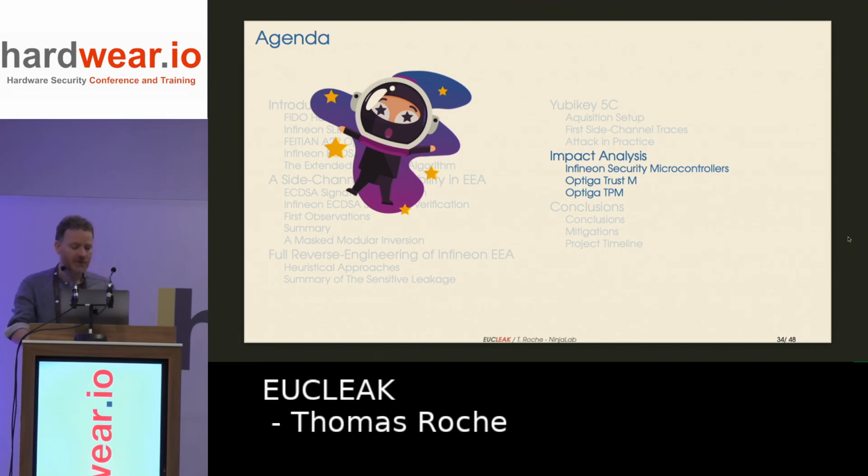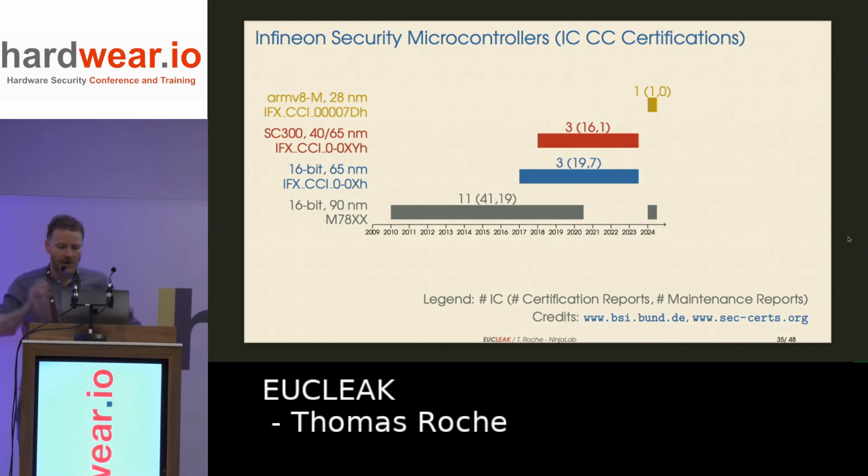So now let's move to the impact analysis. When we were able to attack the YubiKey, we were pretty happy, but we actually didn't know so much about Infineon security microcontrollers and the ones that are certified, right? So we had to understand the certificates and extract from them the information needed to get a picture of what Infineon security microcontrollers are.